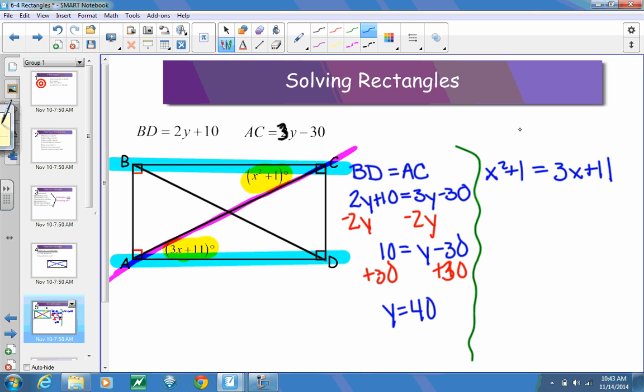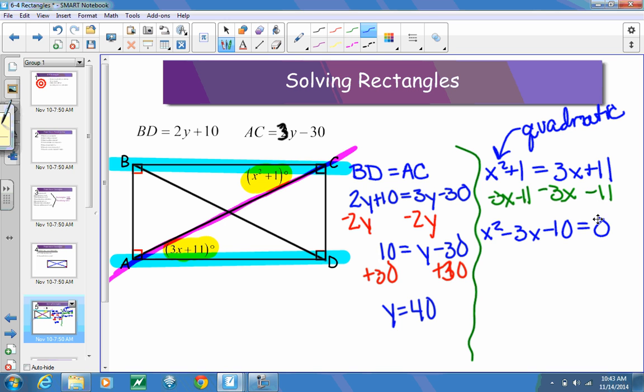Solving, one thing I notice right now is that I have an x squared, so we're going to be working with a quadratic. And so now we have to take everything and get it equal to 0 so I can try and factor this out. So I'm going to subtract a 3x from both sides, and I'm also going to subtract 11 from both sides, leaving me with x squared minus 3x minus 10 is equal to 0.